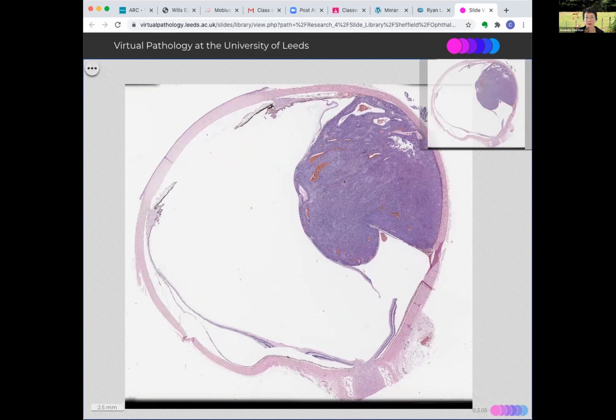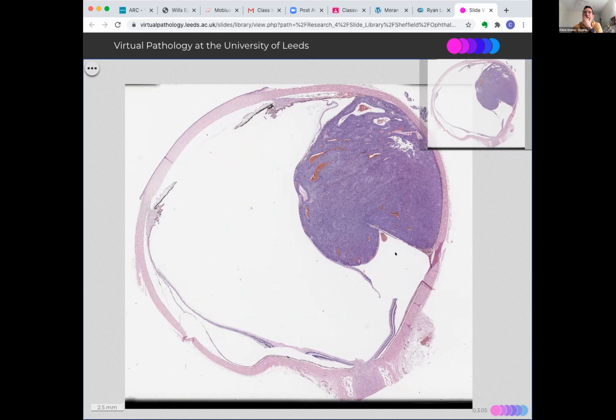What's the shape? The whole tumor shape. So I suppose you could call it mushrooming. It's half a mushroom, isn't it? It is, yeah. The posterior aspect is mushrooming.